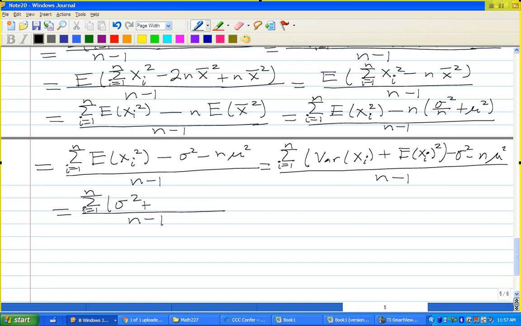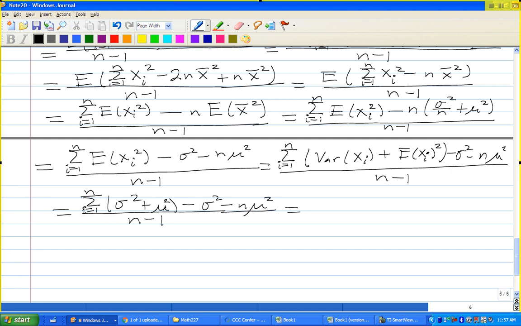That's just mu. So minus sigma squared minus n mu squared. And those are just constants.